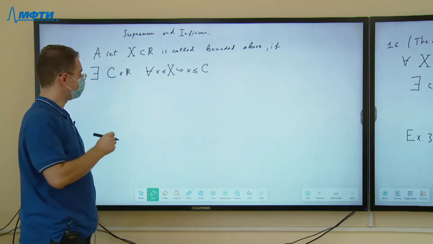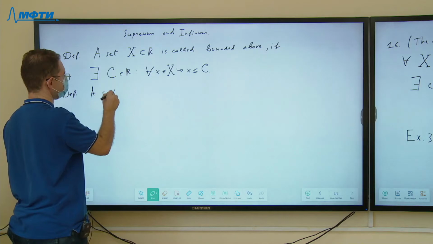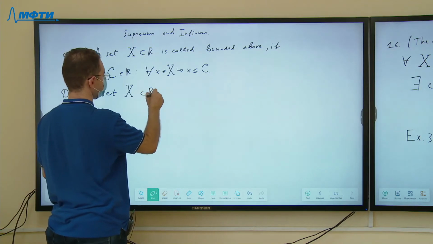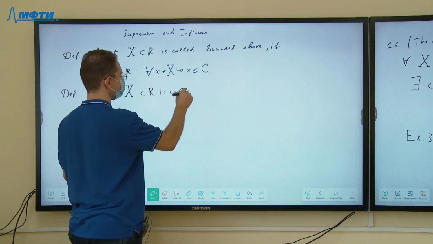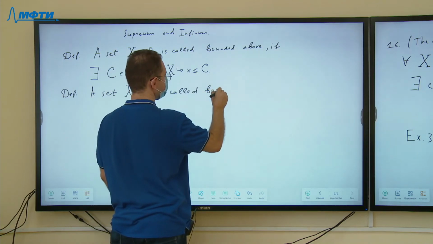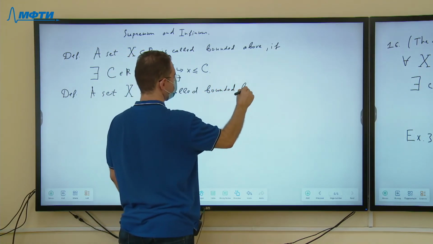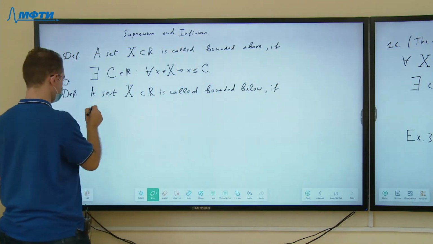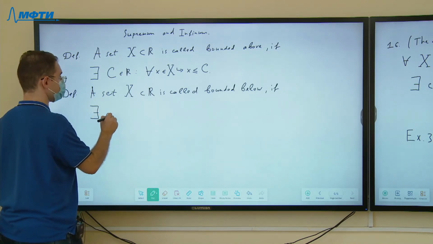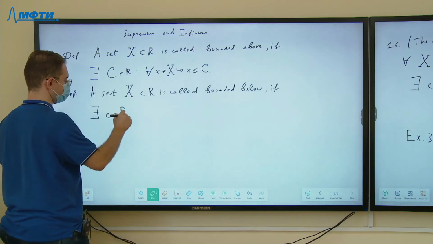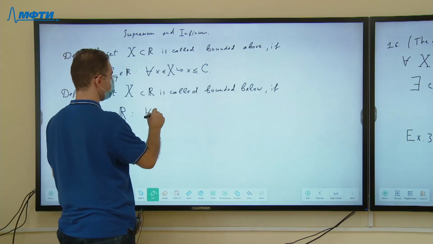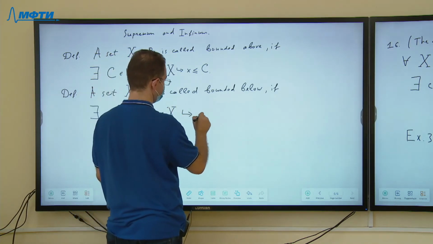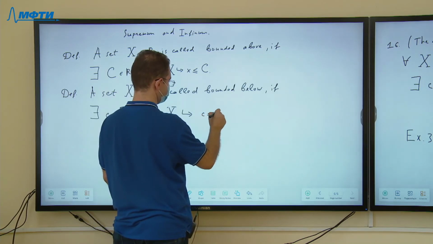Similarly, a set X is called bounded below if there exists a small c such that for any x from X, c is less or equal than x.